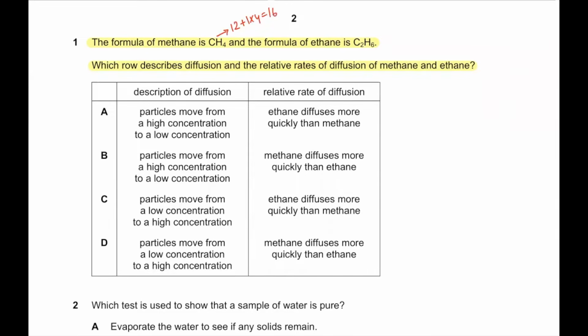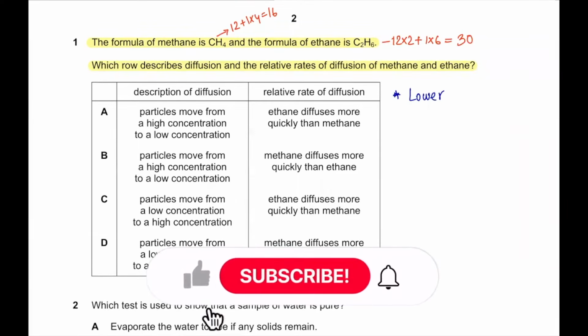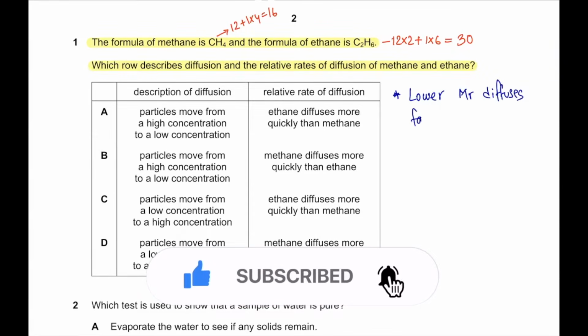For ethane, it will be 12 into 2 plus 1 into 6, so it will be 24 plus 6, 30. So anything with lower molecular mass, lower Mr, diffuses faster. So we'll have to keep that in mind.